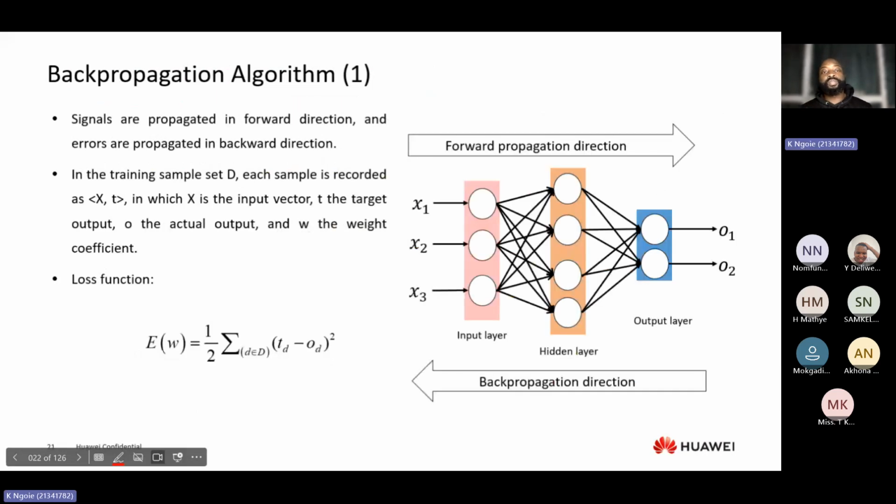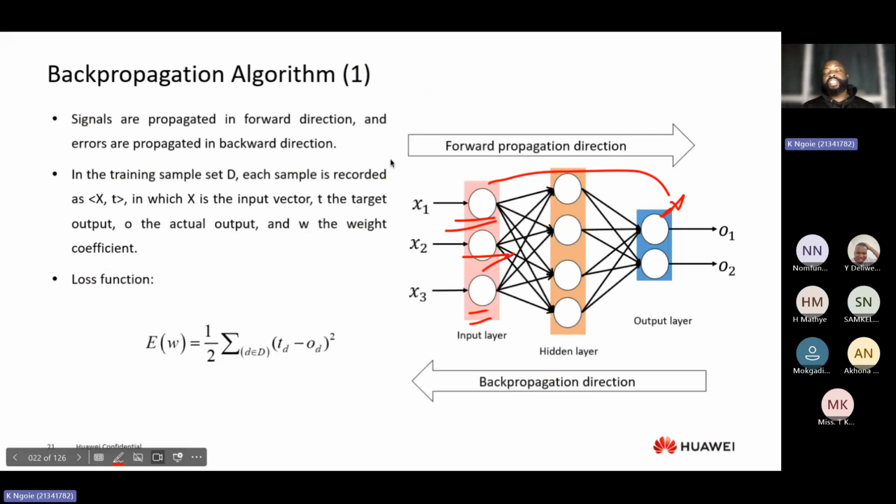All right. So when we talk about the backpropagation algorithm, remember, information is sent in a forward direction. Basically we have the input layer, and all information moves from the input layer toward the output layer.